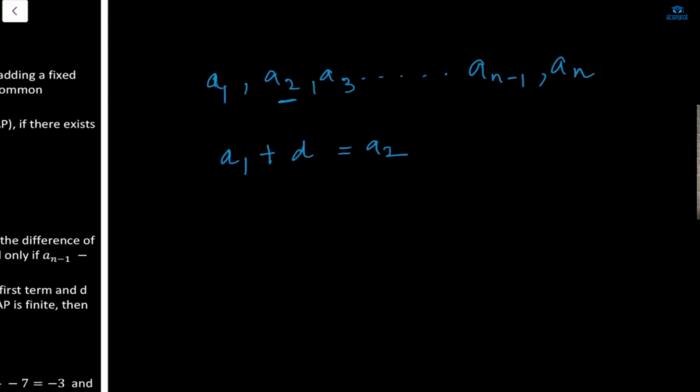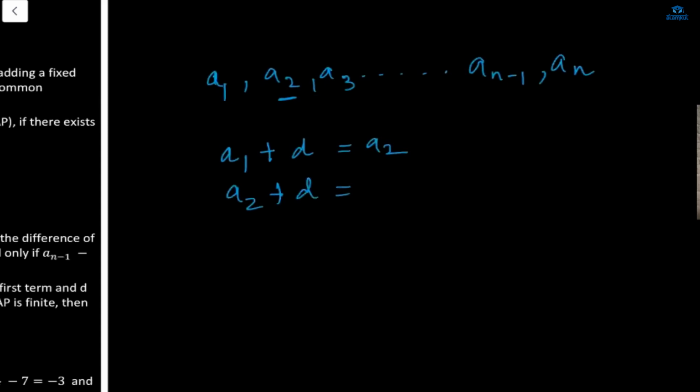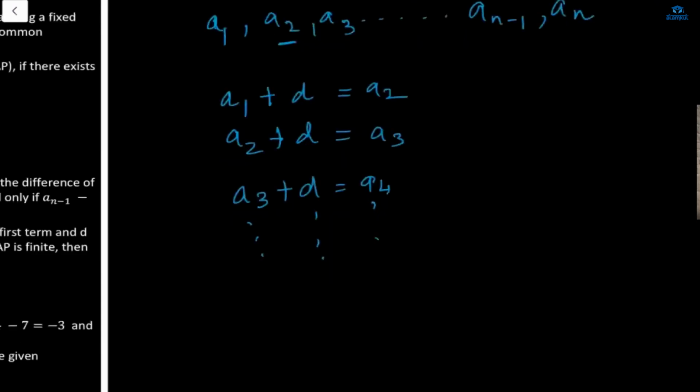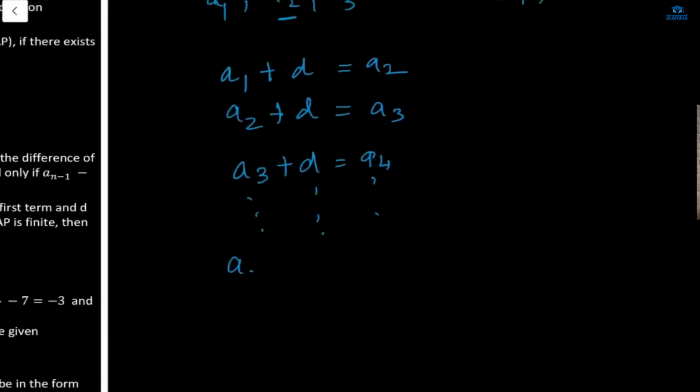Similarly, if you add this common difference to A2, then you will get the next term. Every time you add this common difference to the preceding term, you get the succeeding term. A3 plus D, you'll get A4, and so on. At the end, if you add D to A(n minus 1), you'll get An, the last term. Understood?